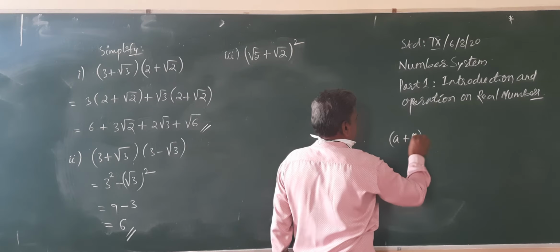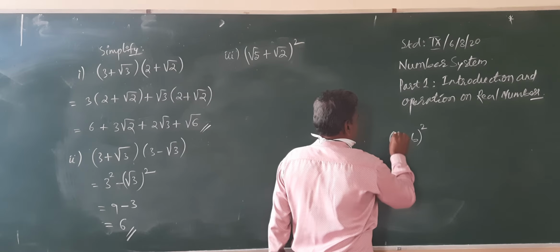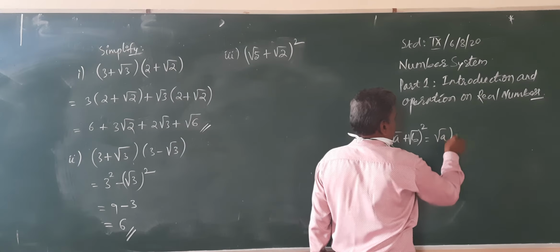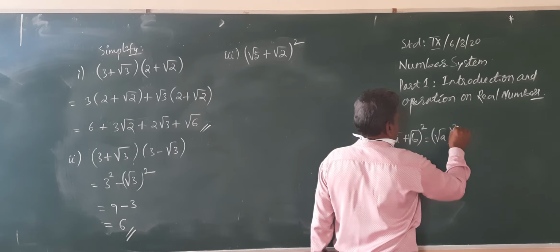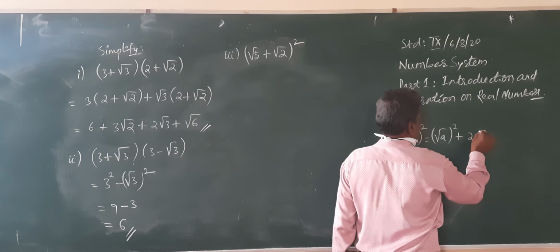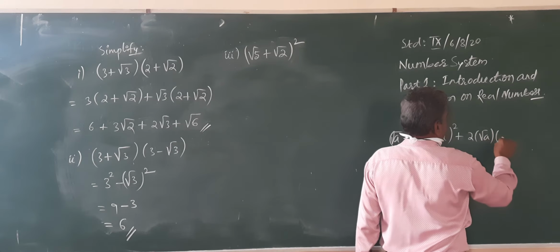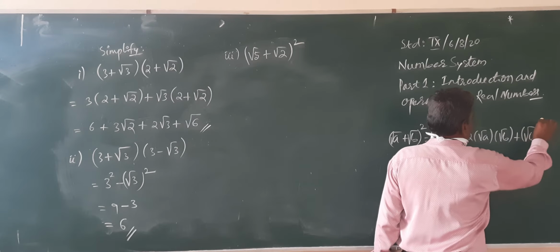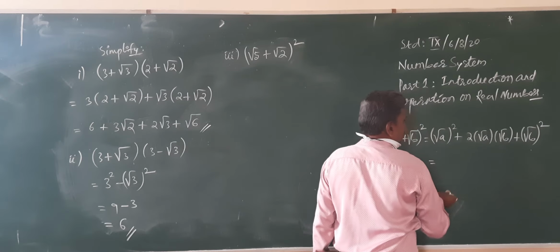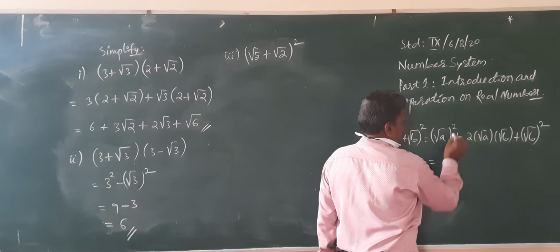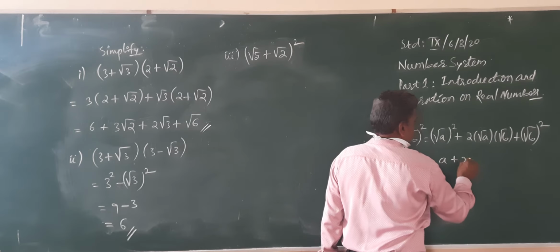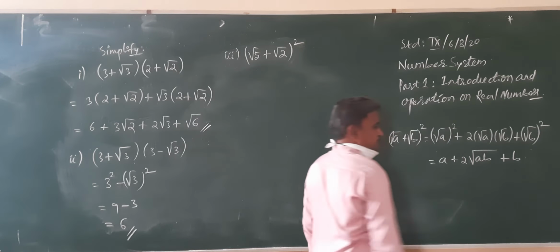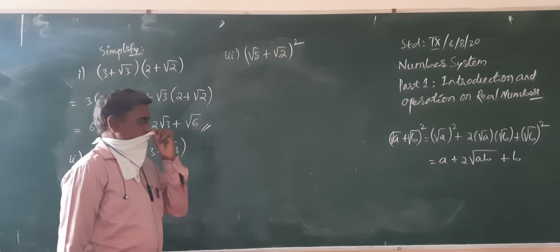Root a plus root b bracket square, the square of a binomial, equals root a bracket square plus 2 into root a into root b plus root b bracket square, which equals a plus 2 root of a into b plus b, as the root and square cancel. That is the simplification.